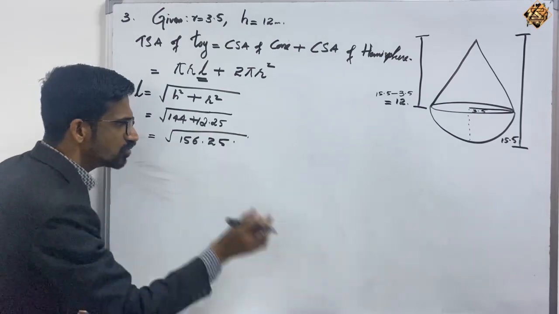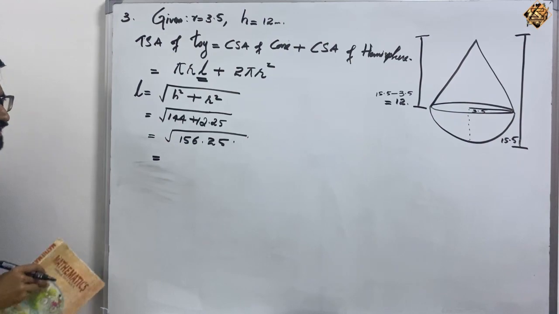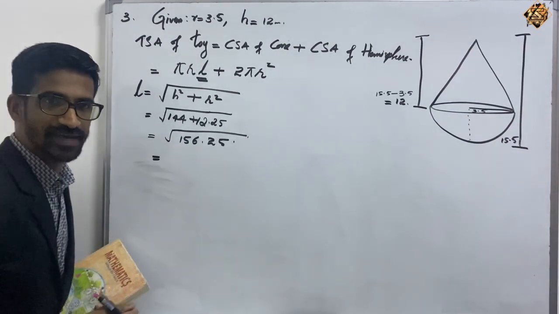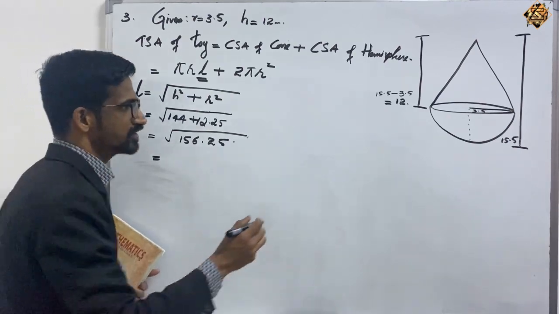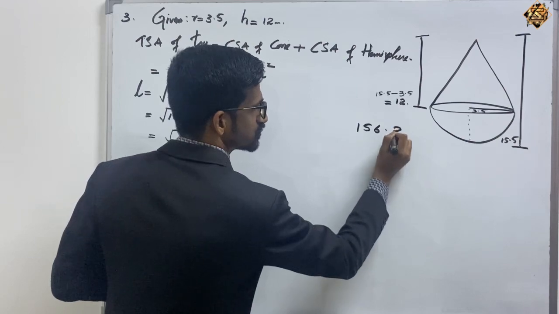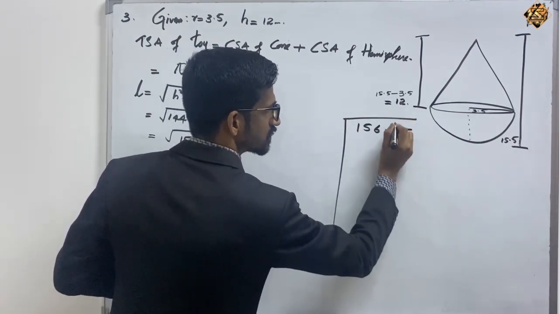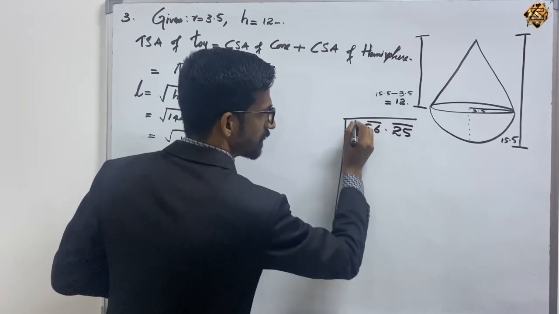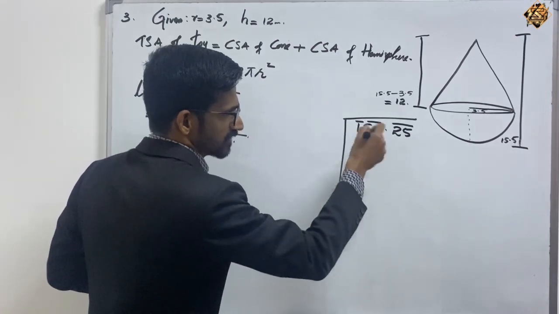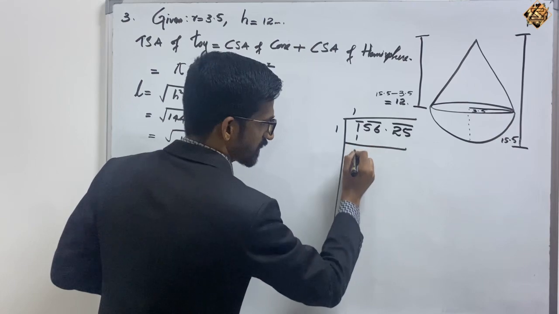Okay students, now we will find the square root of 156.25. Since it's a decimal number, we will go for the long division method to get the square root. We will pair it first; this we have already studied in our previous class. 1 into 1 is 1, then subtracting we get 0.